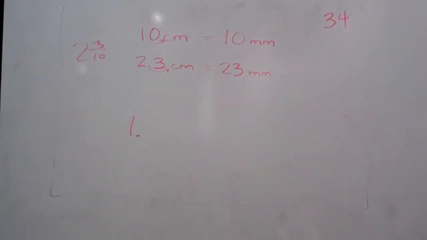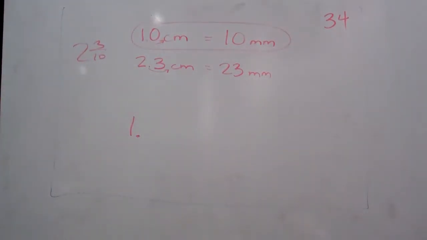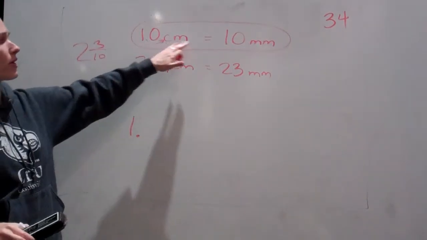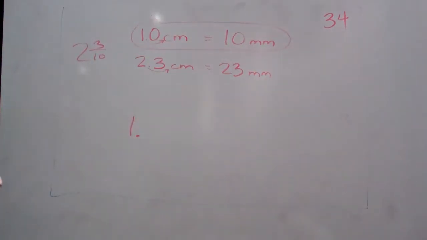Does everybody see how I did that measurement? But can you do that with every measurement? You can do that with every measurement once I know my unit multiplier, which is what they're called. Once I know that 1 centimeter equals 10 millimeters, I can do that with every measurement based on what I need to do, okay? So let's do another one.